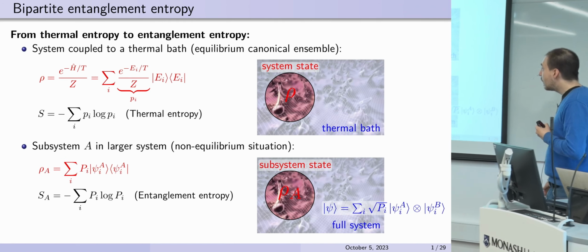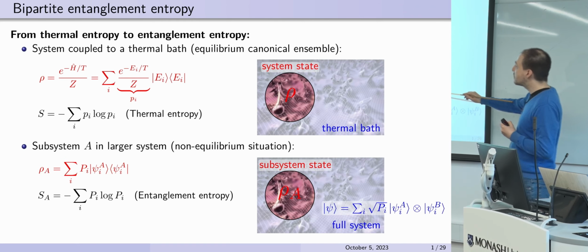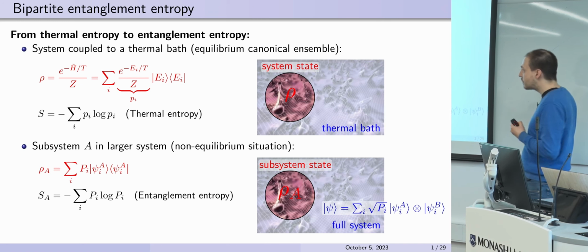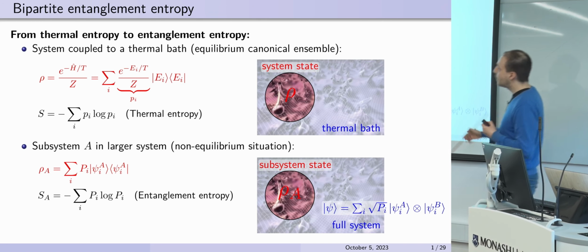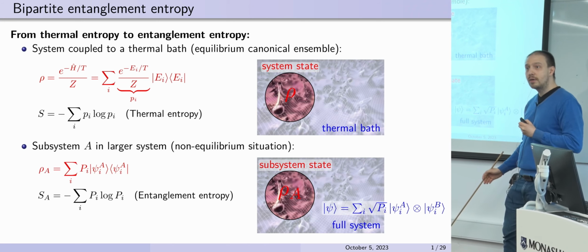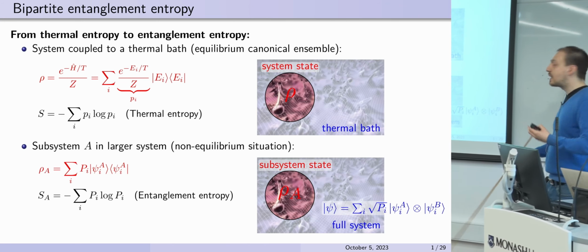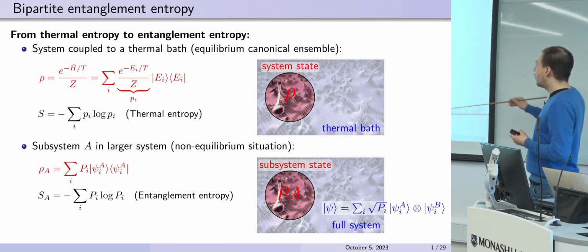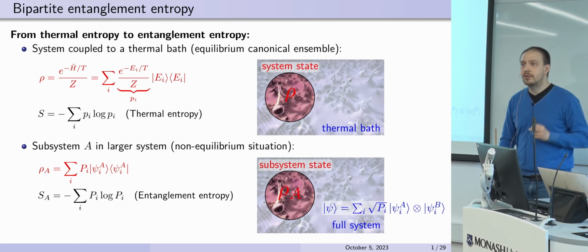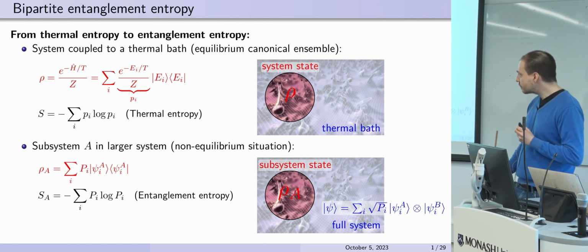As it turns out, we can still describe the quantum state from the perspective of the subsystem as a statistical ensemble, but now not of energy eigenstates, but rather of certain states that depend on the state in the full system, related to something called the Schmidt decomposition.